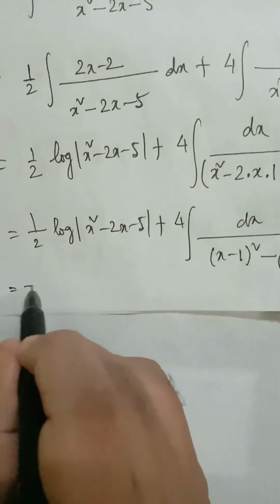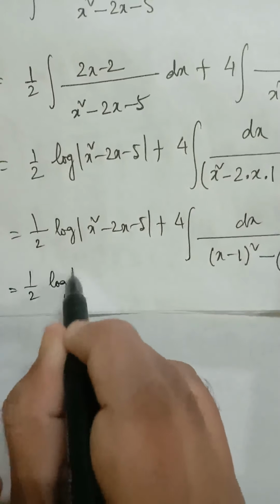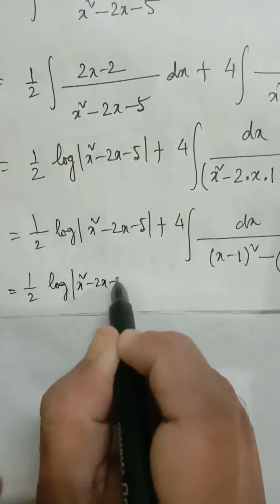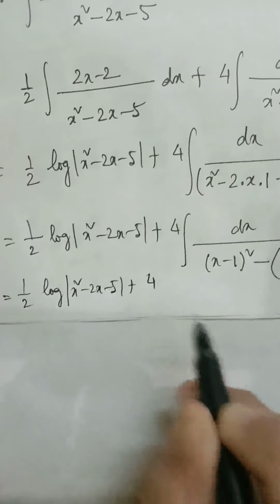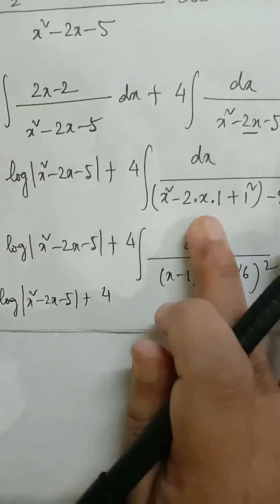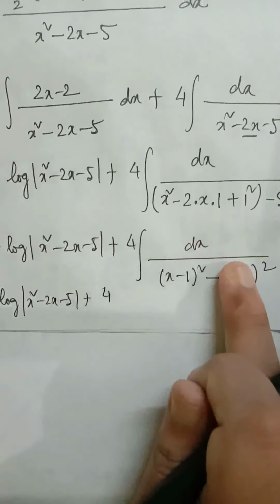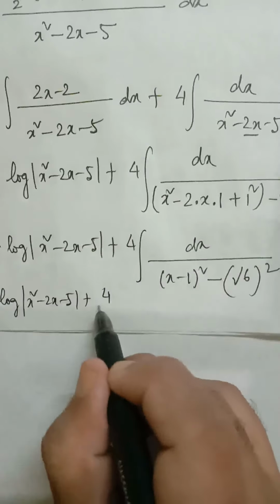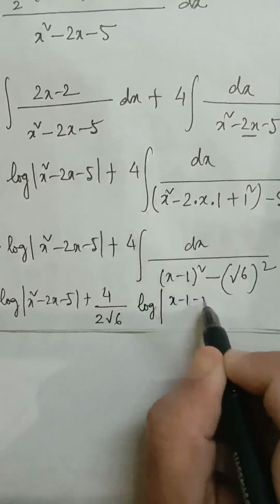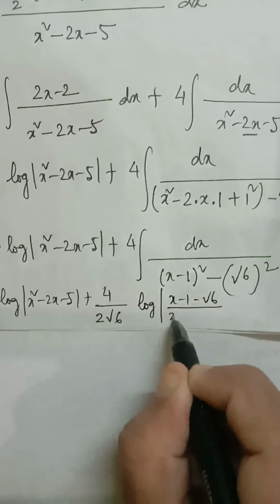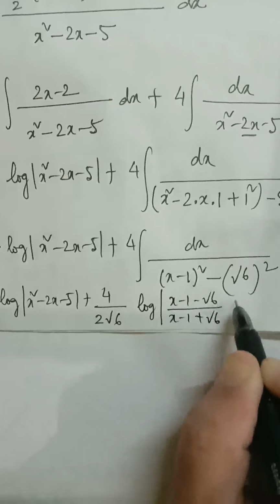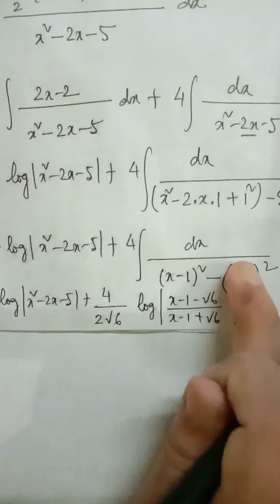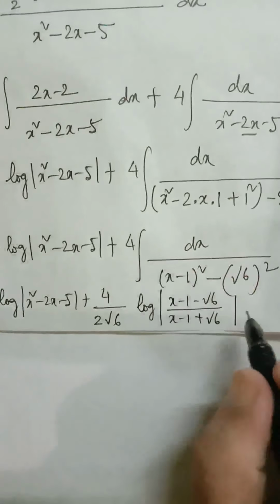So this term is half log of (x² − 2x − 5) plus 4 times this integral, which is of the form dx by (x² − a²). So 1 by 2a log of (x − a) by (x + a) plus c.